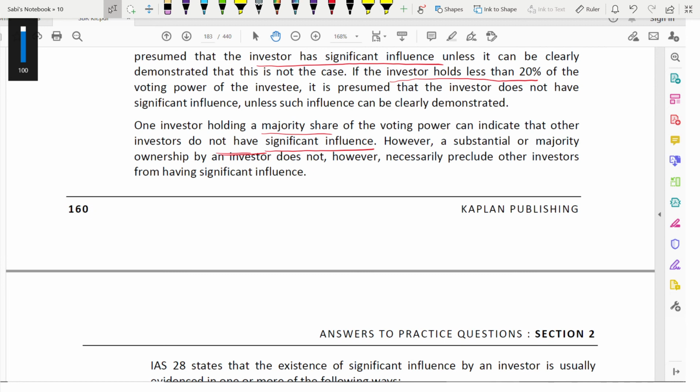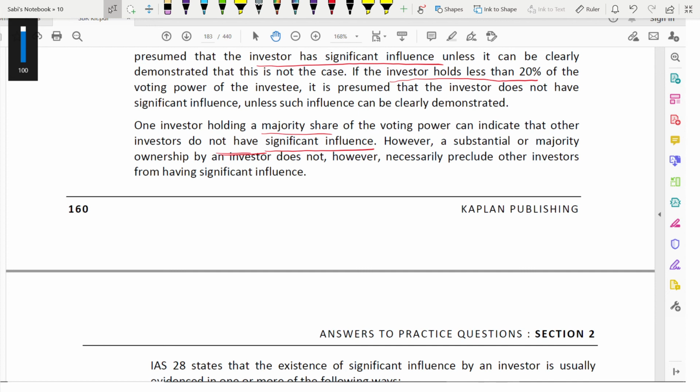That means the remaining 9 of you will have a small amount, 5%, maybe 2% each, right? Or 1% each, or 1.5, like that. So that means you will not have a significant influence, right? Because if one person only has a majority share, the rest will not have that significant influence. They should have more than 20%.